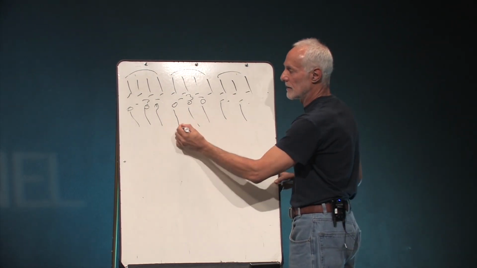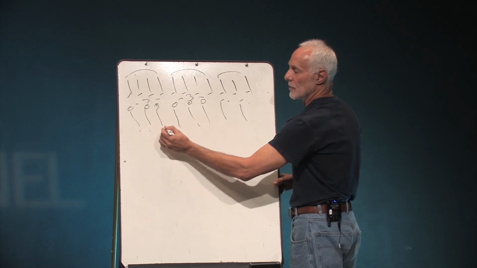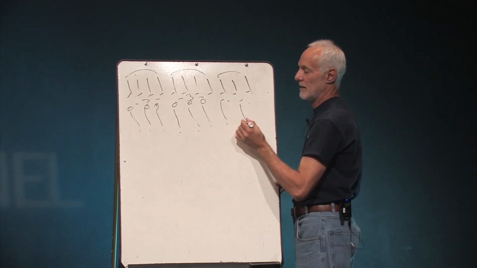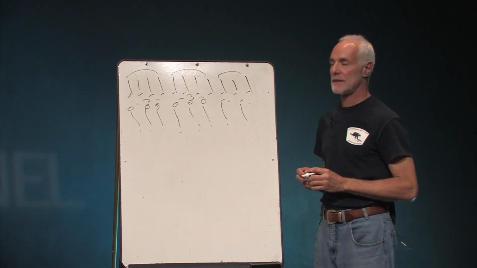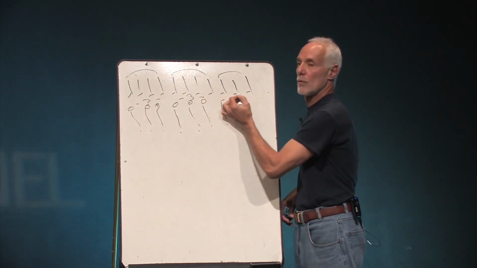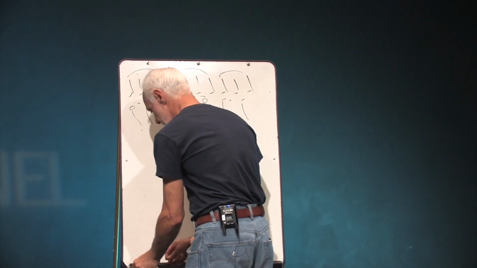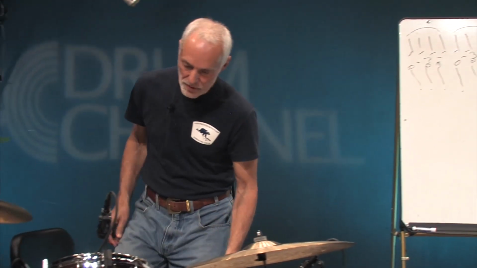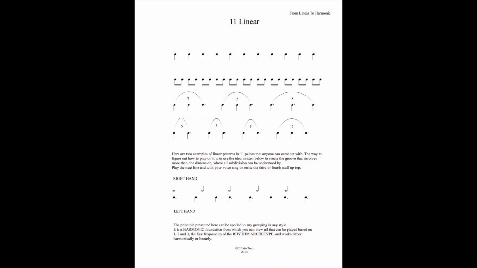If you count the events at the bottom, you'll count 8: 1, 2, 3, 4, 5, 6, 7, 8. And on the top is the 11: 1, 2, 3, 4, 1, 2, 3, 4, 1, 2, 3. I'll give you a taste of that. So I'm turning a linear event into a harmonic event. And that pattern sounds like this.